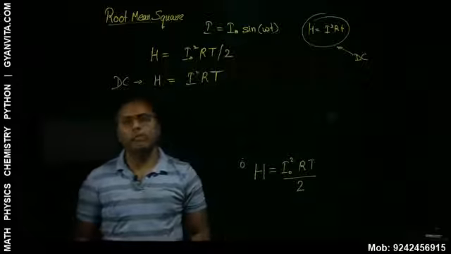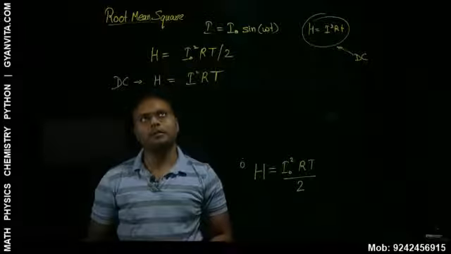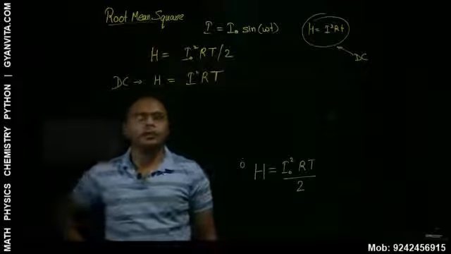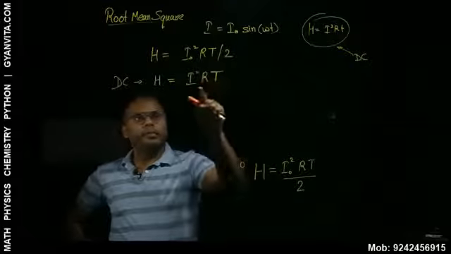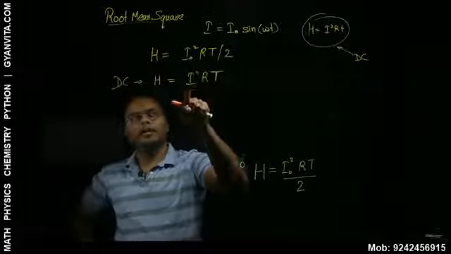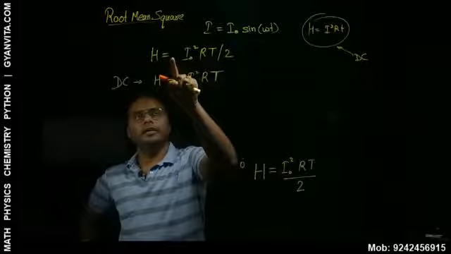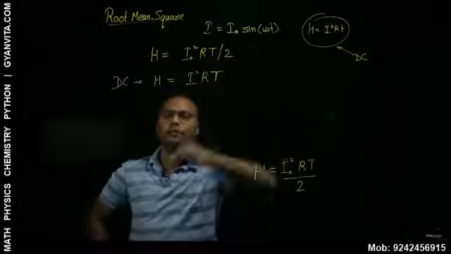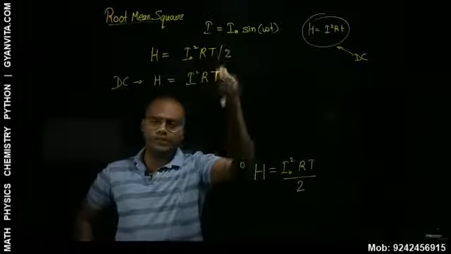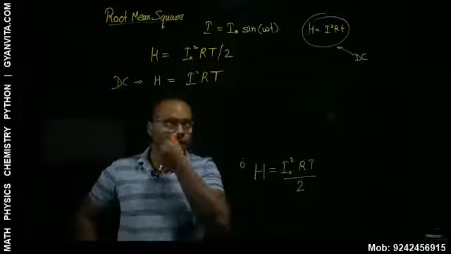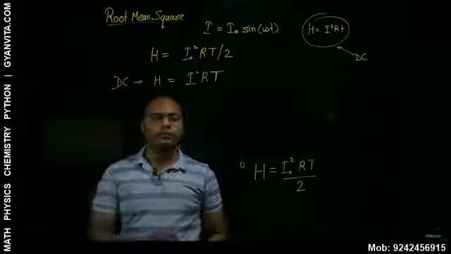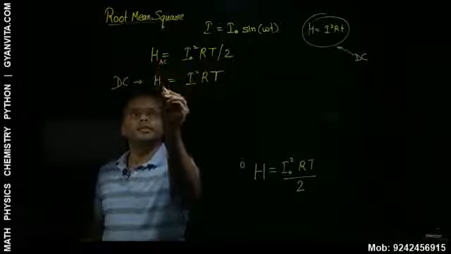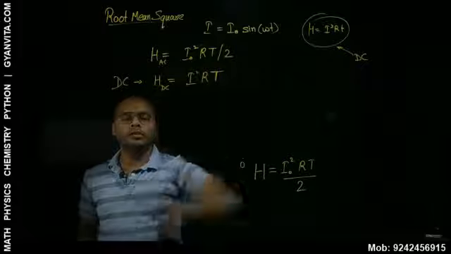Now, as per the definition of RMS value or root mean square value of AC, what did we say? It is that amount of DC which will produce the same heat which is produced in case of AC in the same amount of time. So here we have taken the same amount of time. Now we have to find that current which will produce the same amount of heat. So this heat is produced in AC, this heat is produced in DC. Now these two have to be the same.